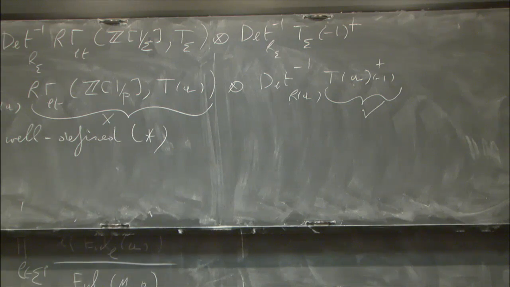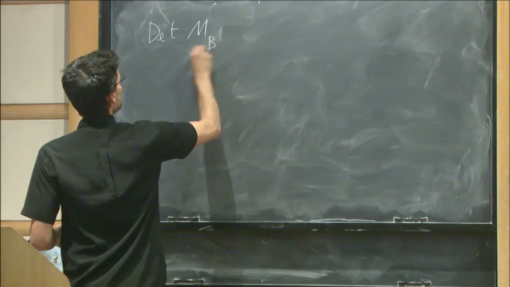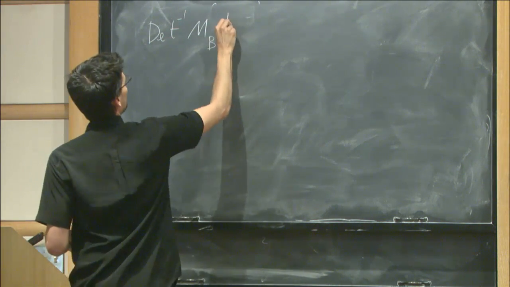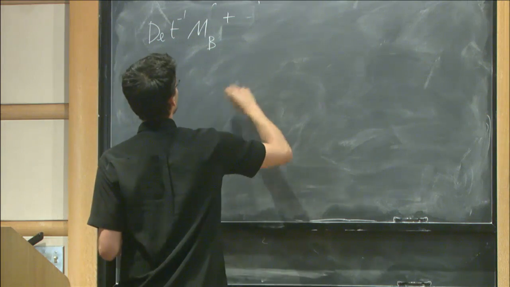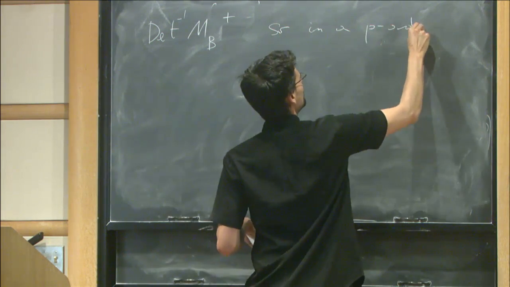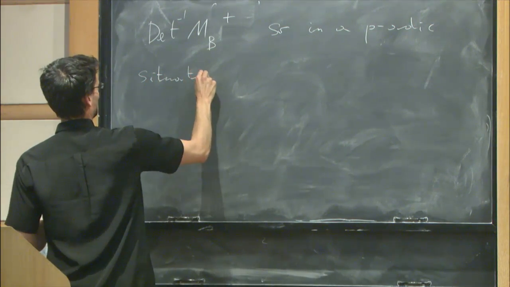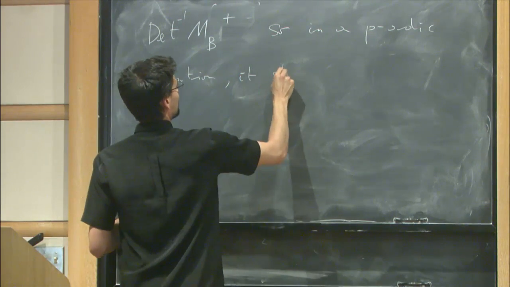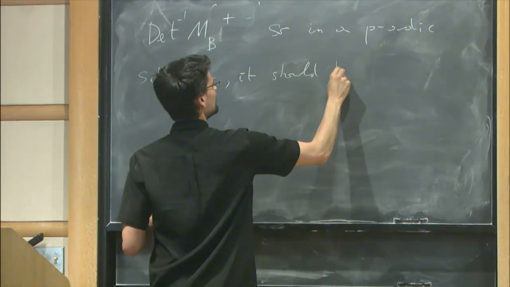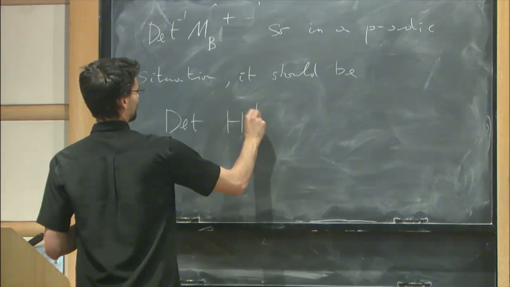This object is something like the determinant of the Betti cohomology realization of the motive. So in a p-adic situation, it should be the determinant of the completed cohomology.